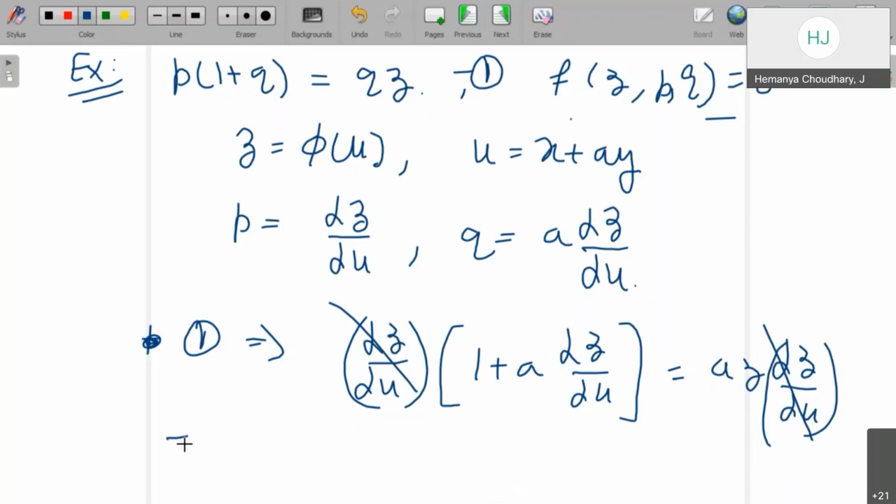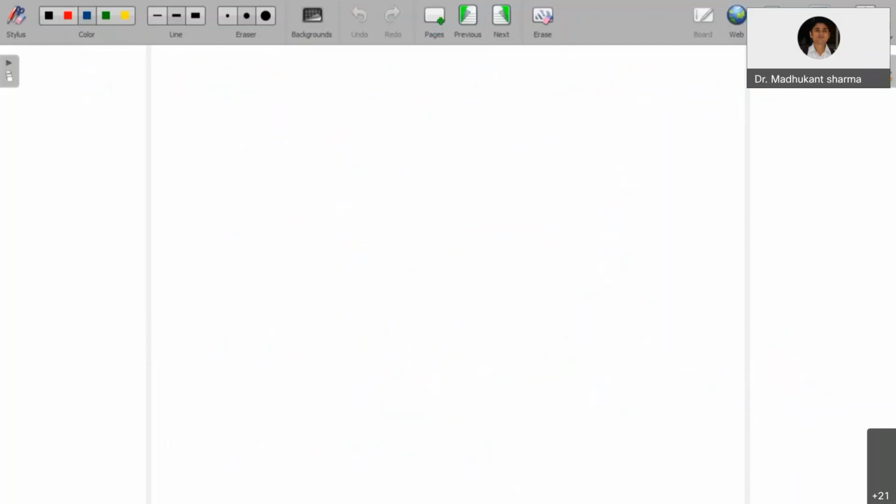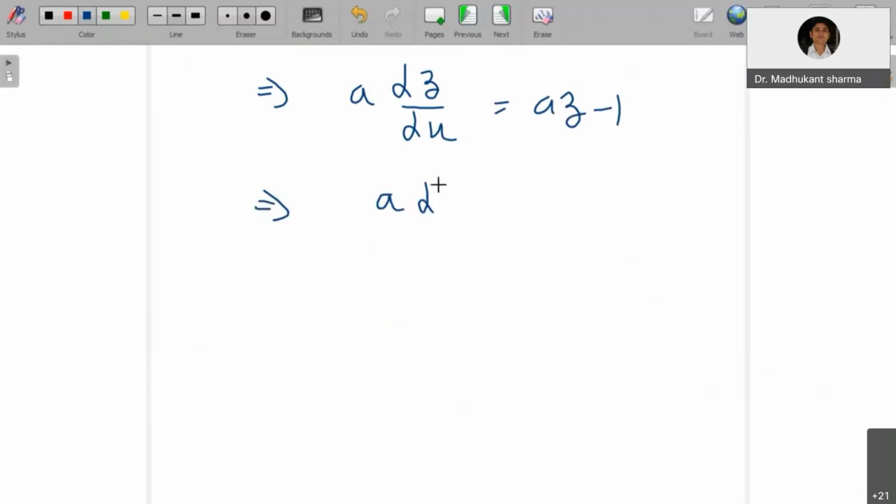And this implies 1 plus a times dz by du equals z minus 1. Now you can use variable separable. a times dz by a times z minus 1 is equal to du.